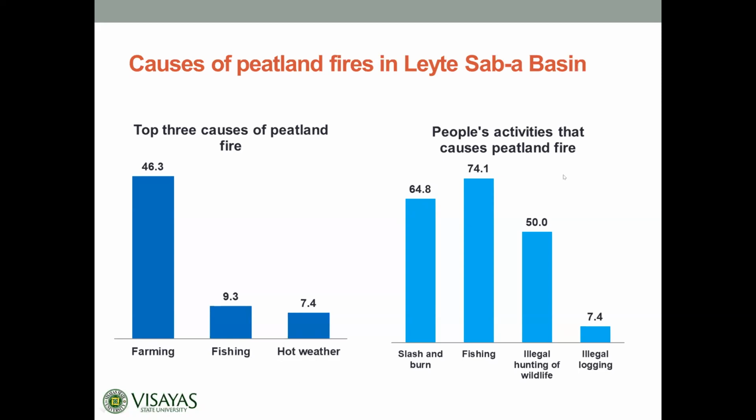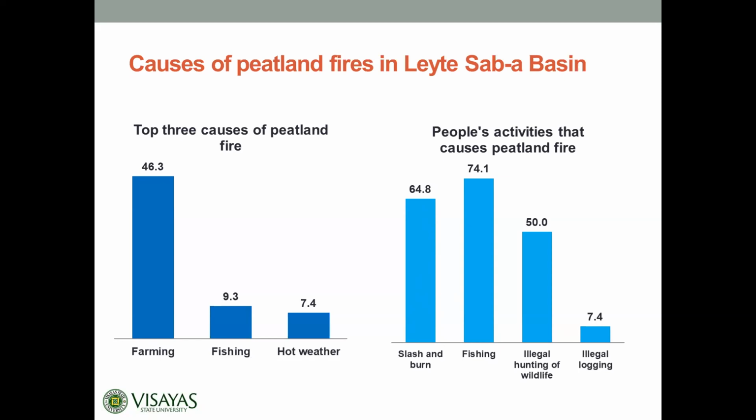So to be specific, what are the people's activities that cause peatland fire? They really mentioned slash and burn. 64.8% of the respondents reported that this is still happening. But then towards the end, they told us that, Ma'am, actually, it has already declined. Why? Because people tend to use machineries in their farms.